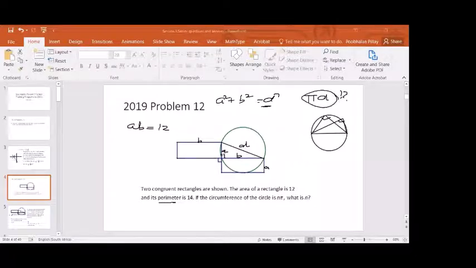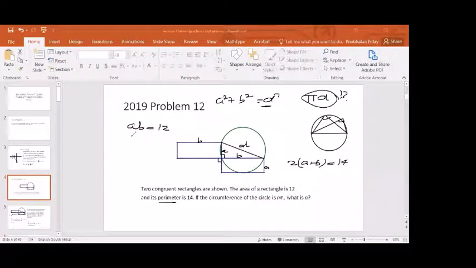The perimeter of a rectangle is 2 times (length plus breadth). It's given that this is 14, so you have an equation.